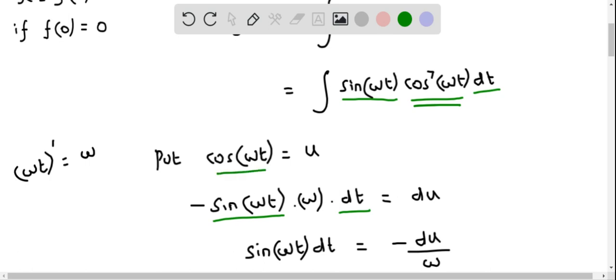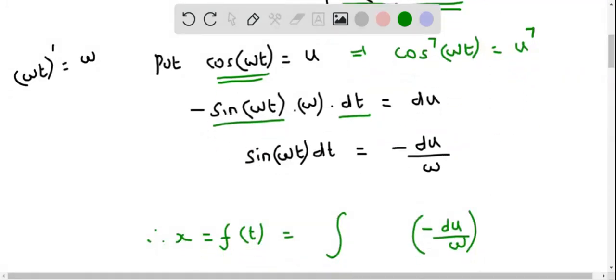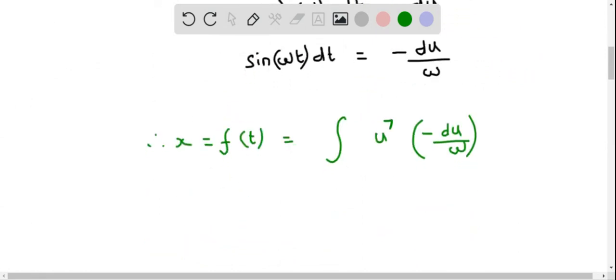If cos omega t is u, then cos power 7 omega t, raised to the seventh power, equals u power 7. So I can replace u power 7 for cos power 7 omega t. So basically we have to evaluate this integral.